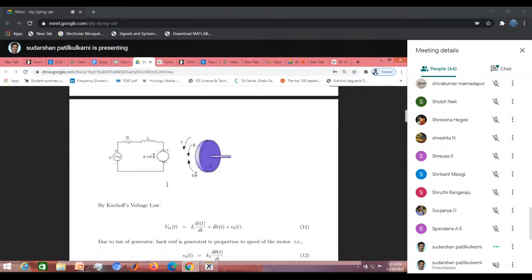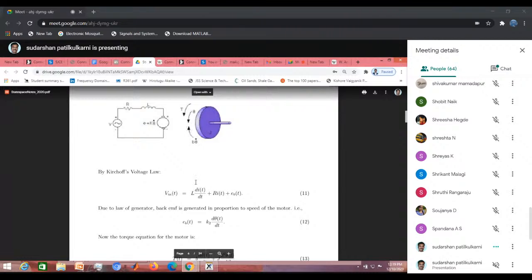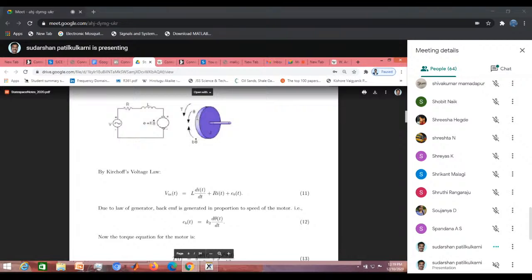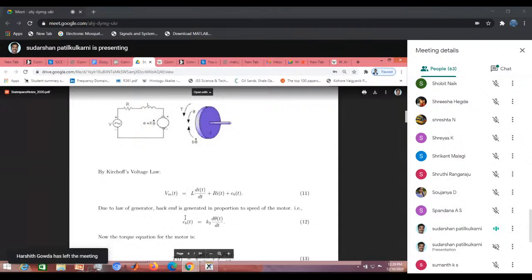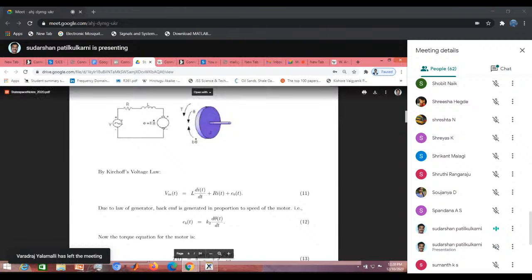Because of the law of generator, back EMF is generated when you have a rotating thing perpendicular to the magnetic field. That is equal to K2 times d theta by dt. By KVL, V in of t equals L dI by dt plus R into I of t plus the EMF generated.